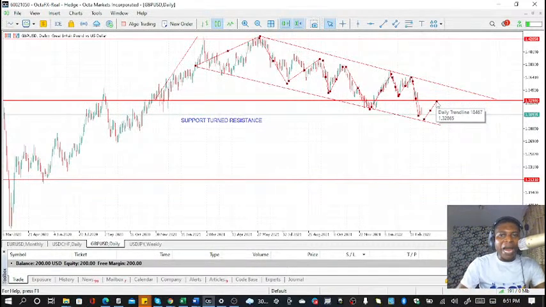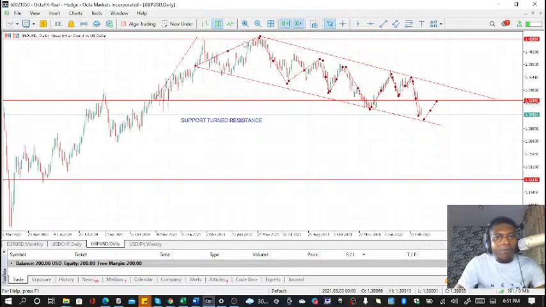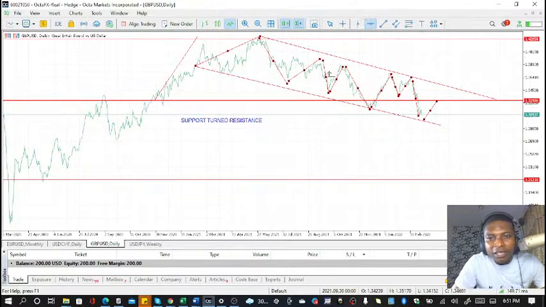So price would most likely come back to touch this resistance level. You can see what price is doing here. Price moved up, came down, moved up, came down again. While it is moving up and coming down, it is respecting some regions. Now look at it.